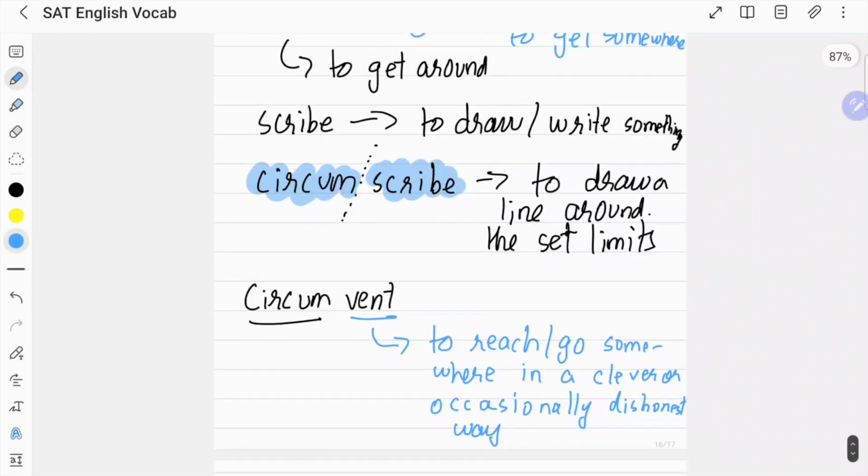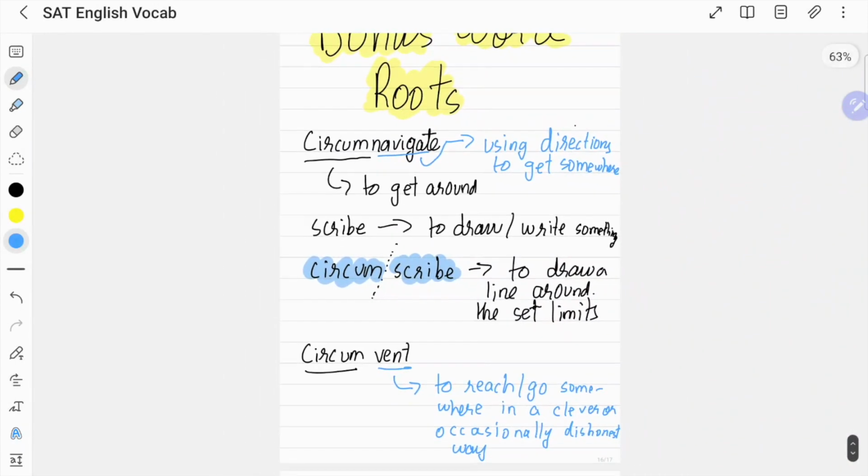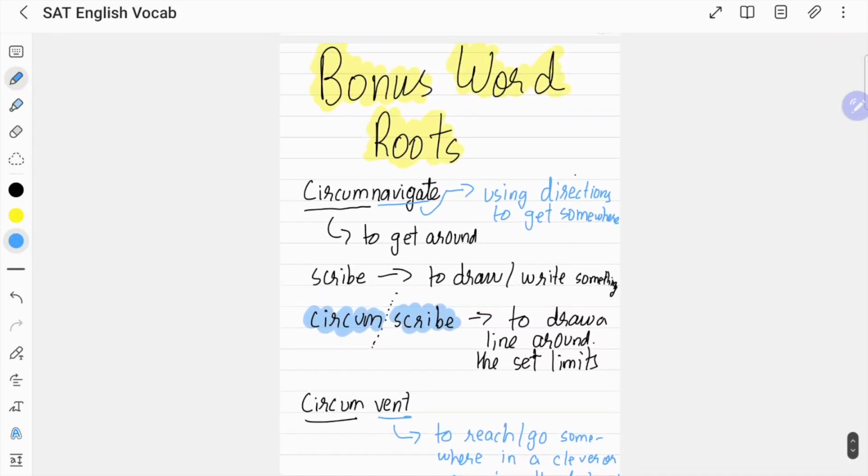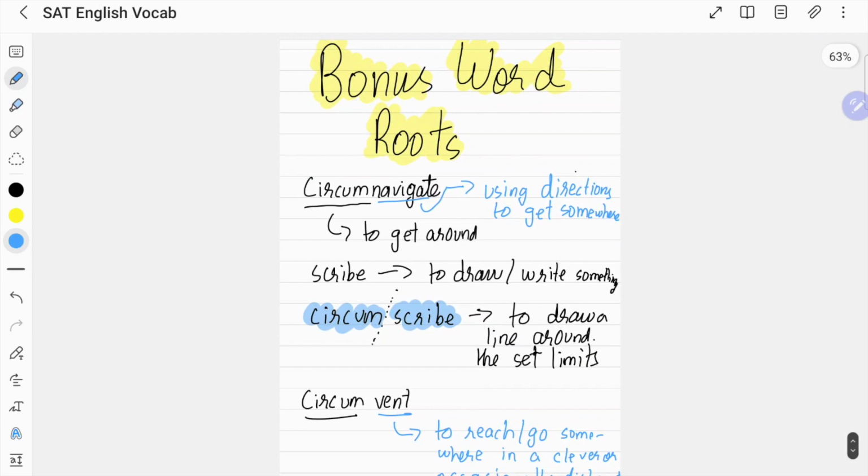These are some of the words which are given a lot in the SAT English section, because the College Board love to use majority of these words which I've given just now as bonus word roots.